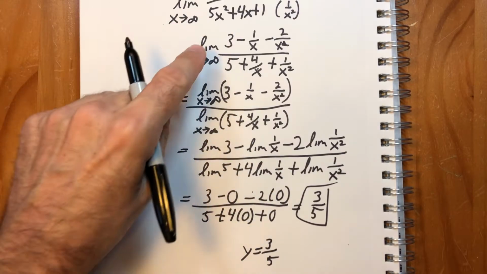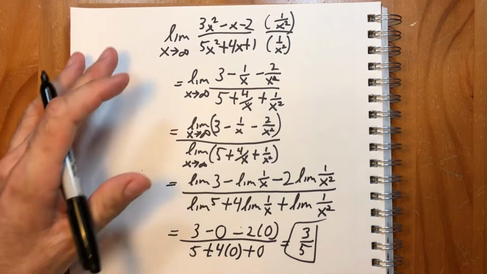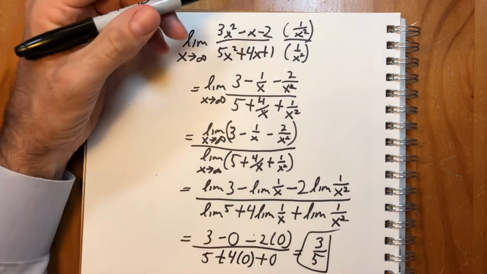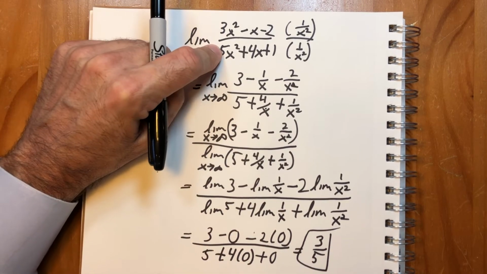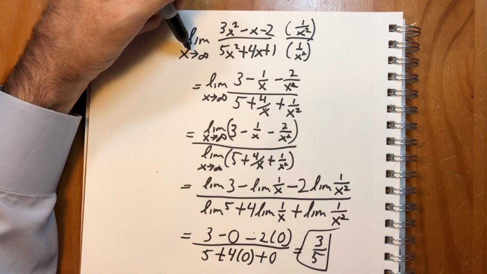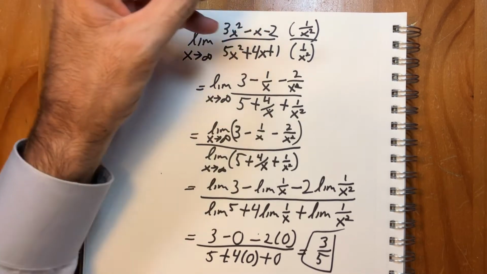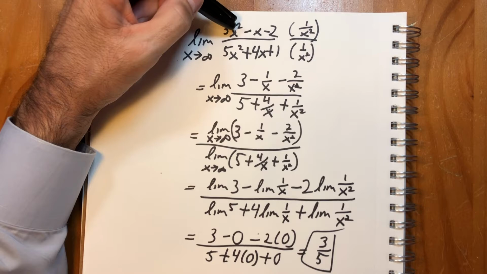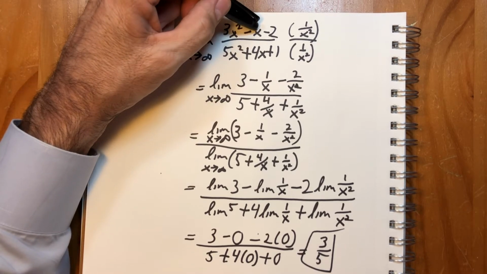One more thing to notice about this. This isn't a rule, but it gives us a good clue as to what's happening. We could have just read off the 3 over 5 right here, because as x approaches infinity, the higher powers dominate everything else. So x squared is increasing way more quickly than x.